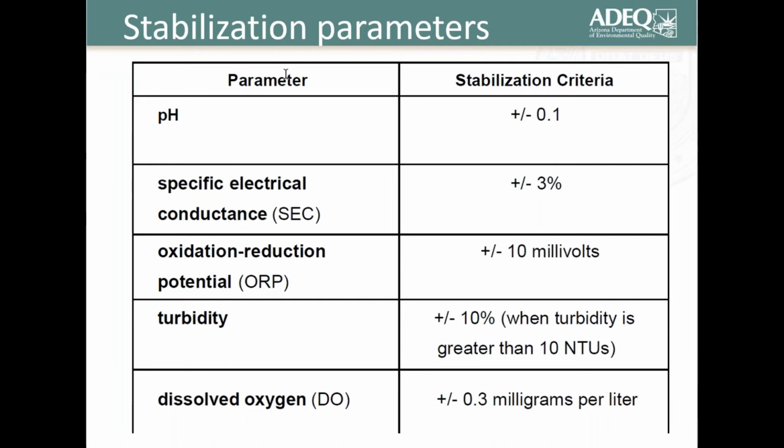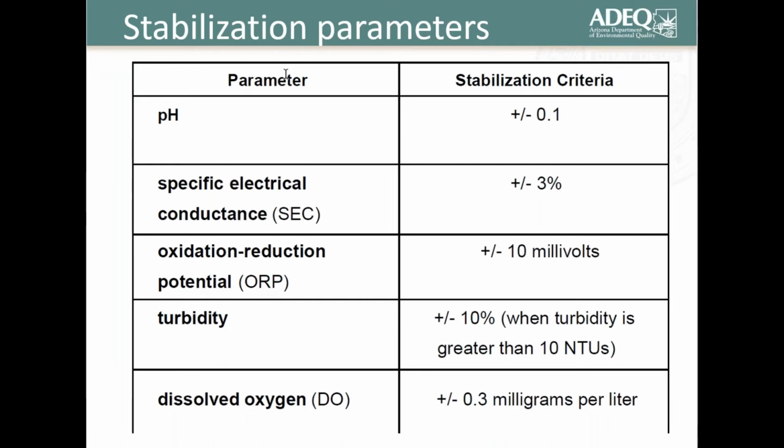Turbidity, I think we're all probably familiar with turbidity. That's the measure of how clear the water is, how well we can see through it, how many solids are floating in there. And this is important with purging. When you first start purging, you may have a lot of turbidity. There may be some sedimentation in the well, and you're stirring up that sedimentation.